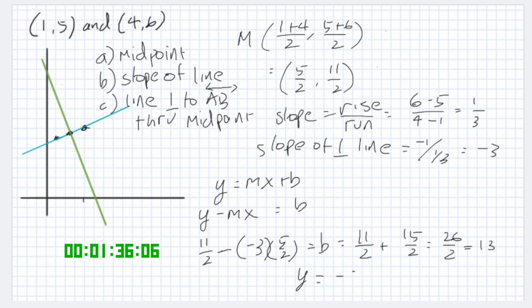The slope is -3 and the y-intercept is 13. So the perpendicular bisector is y is equal to -3x plus 13.